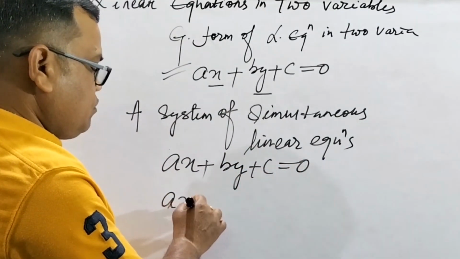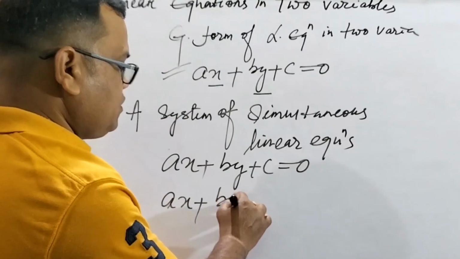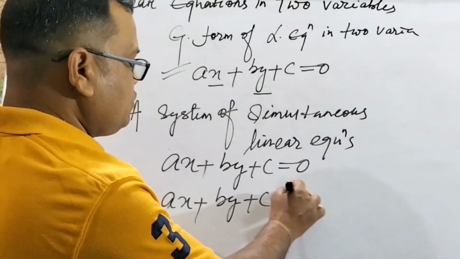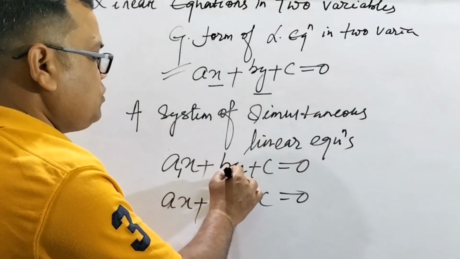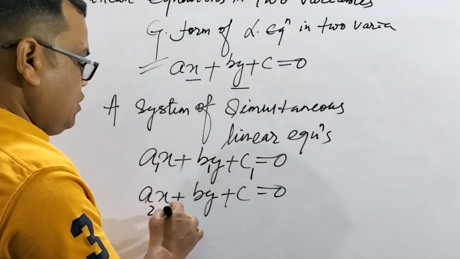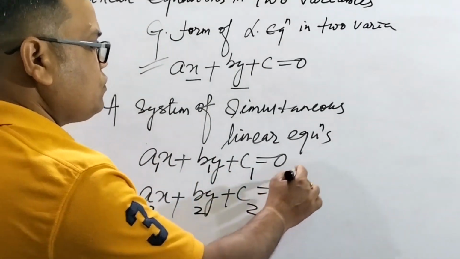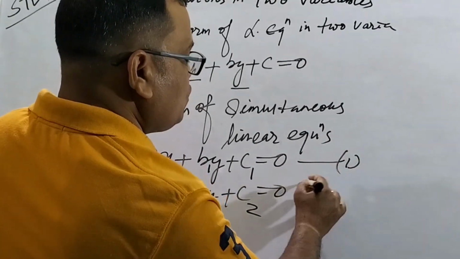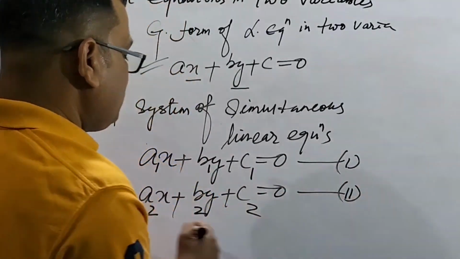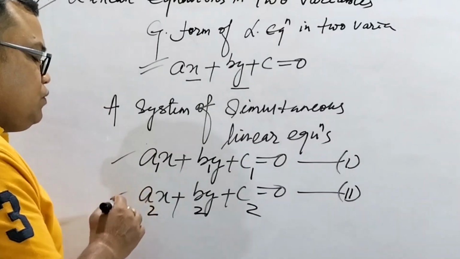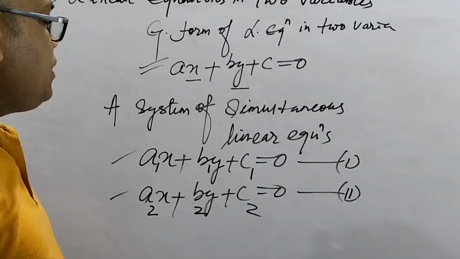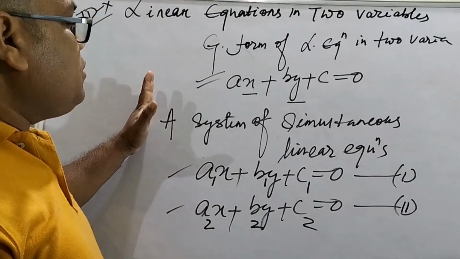Another equation would be like this: a2x plus b2y plus c2 equals 0. That means a1 b1 c1, a2 b2 c2. So these are two equations. We have to solve these two equations by the graphical method.